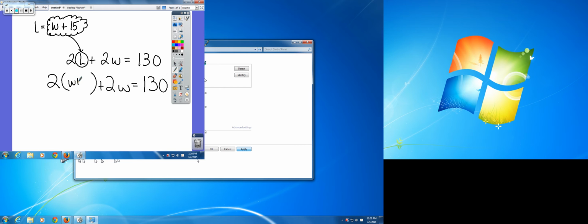All right, so take this right here and plug it in. Now you have an algebra problem. But you've got a block of concrete, so you've got to bust it up. Distribute: 2W plus 30 plus 2W is equal to 130.